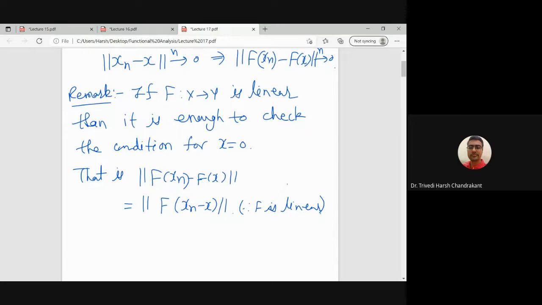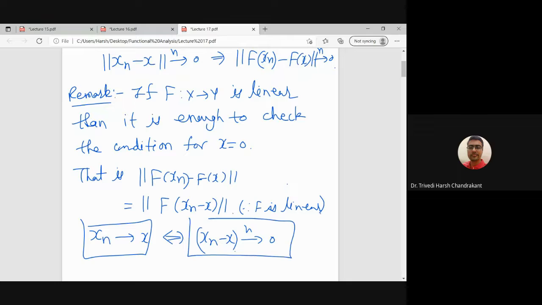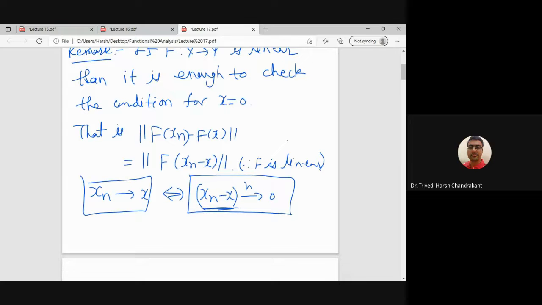And since the space is linear, xn converges to x if and only if xn minus x converges to 0. Right, so instead of checking the condition for all sequences xn converging to x, we will check the condition only for sequences which converge to 0.